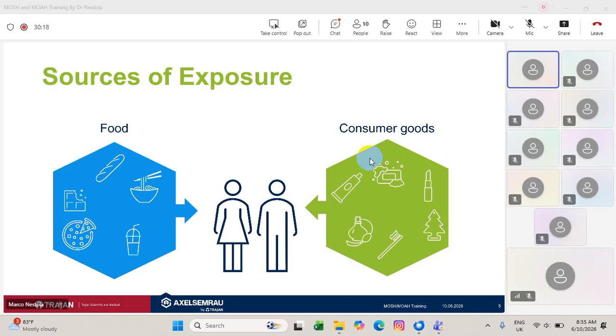And that also became a big topic, at least in Germany in 2015, when the first wave of MOSH in food was gone. It was looked at what can be found in cosmetics, because a lot of cosmetics during that time were based on mineral oil.